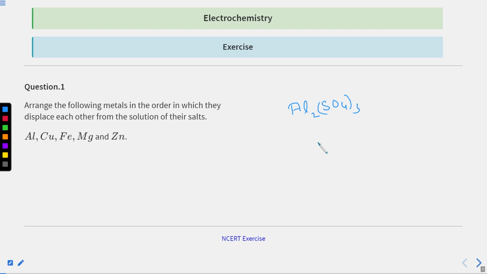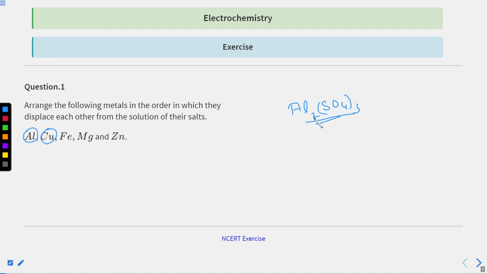Now it is asking that if this aluminium has to displace something, then which elements can it displace? Basically, you can think of it in a way that suppose Al has to go to Al3 plus to make the salt. You can see very clearly it is going from Al to Al3 plus. Now in that process, it is getting oxidized, right?